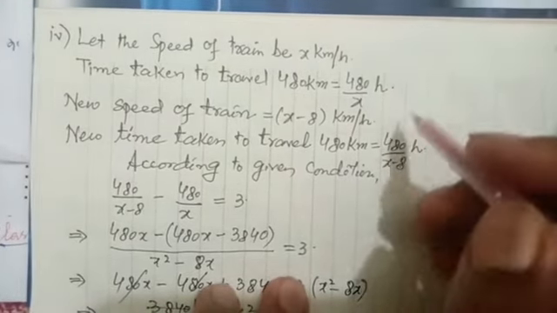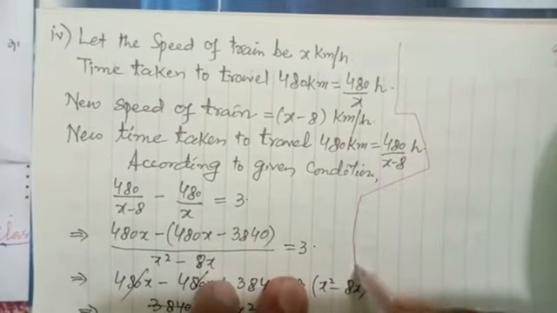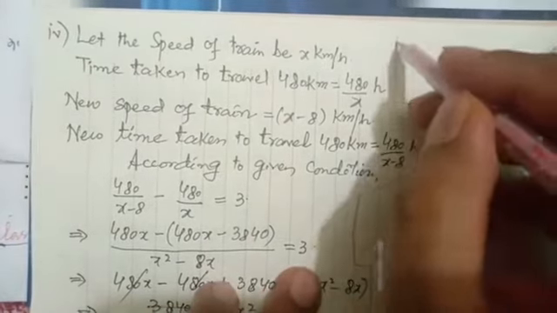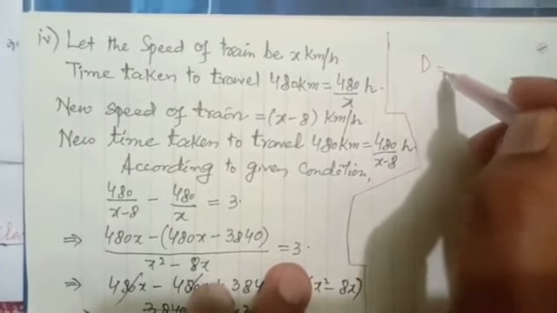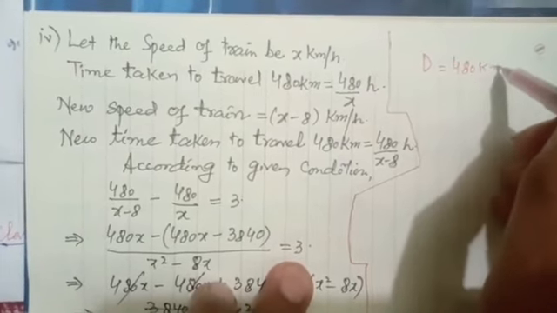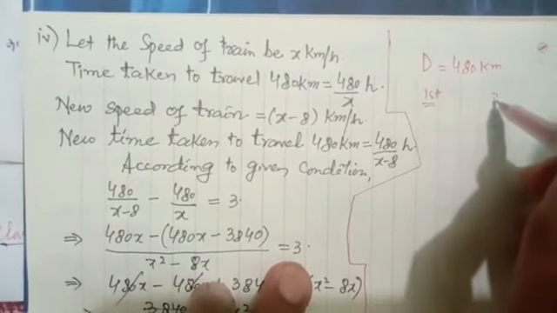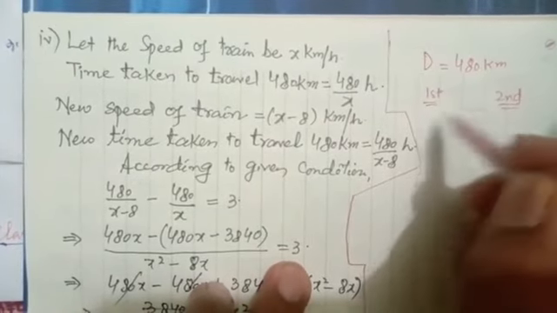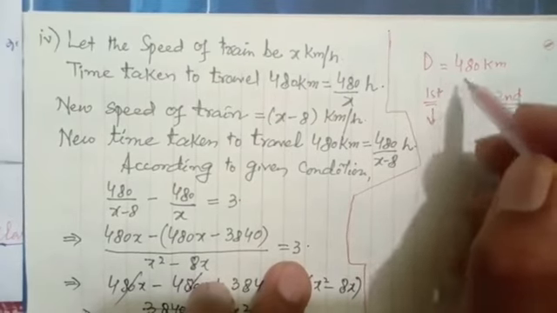See, the question is talking about the train. The distance to be covered by the train is 480 km. First condition is there, second condition is there. In first condition, train travels the distance 480 km.